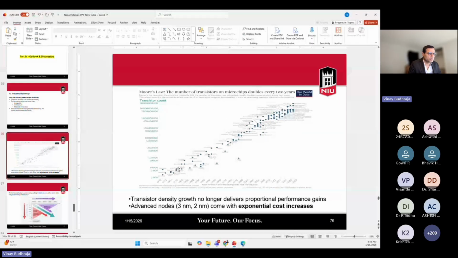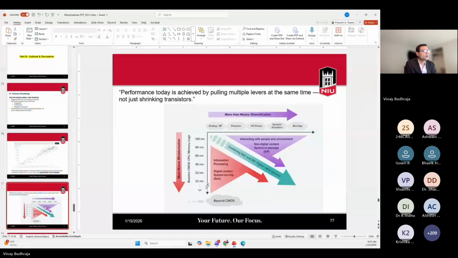In this Moore's law graph, you can see it's rising, rising, rising, and with time it's moving towards stabilization, and that stability gives rise to the demand for nanomaterials. Performance today is achieved by pulling multiple levers at the same time, not just shrinking the transistor.